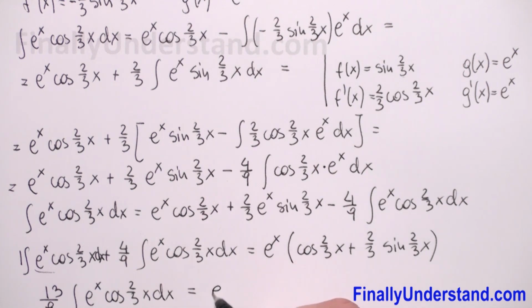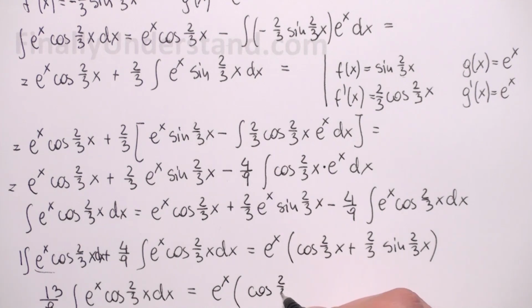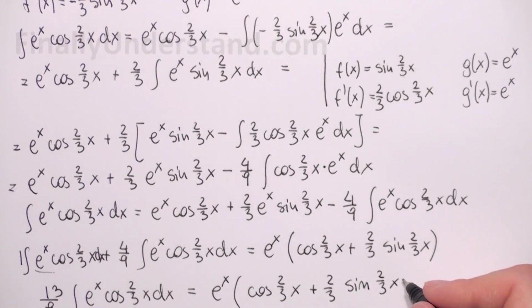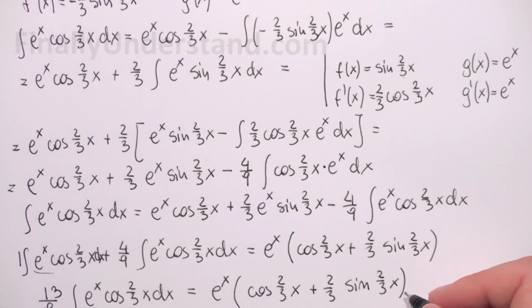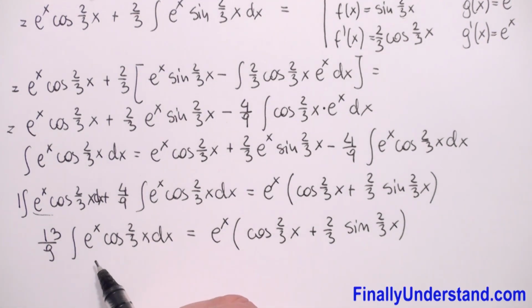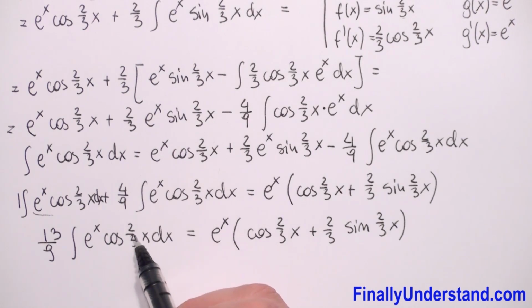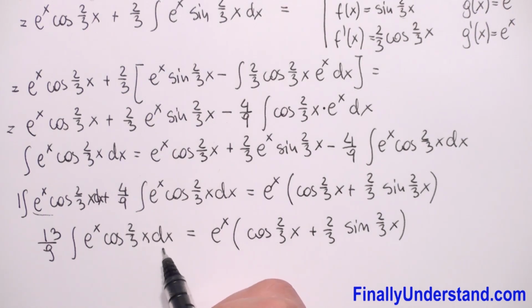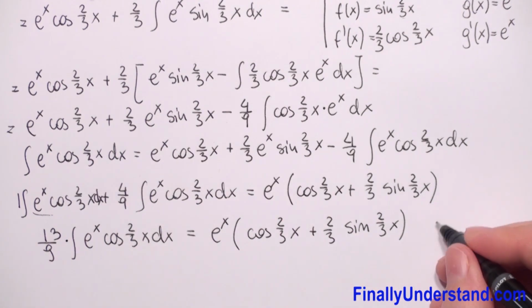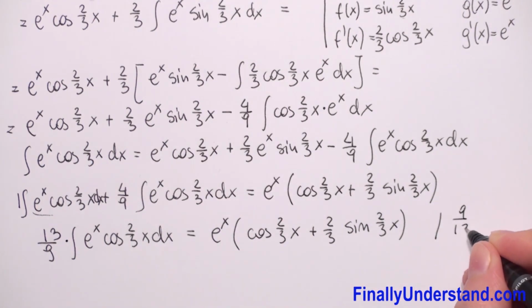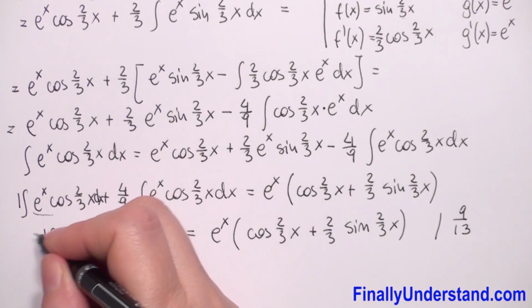We have e to power x cosine of 2 over 3 x plus 2 over 3 times sine of 2 over 3 of x. So now, because we need to find integral of e to power x times cosine of 2 over 3x with respect to x, I will multiply both sides by 9 over 13 to reduce this fraction.